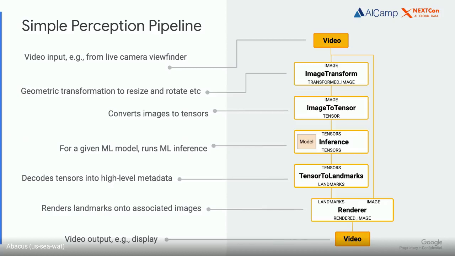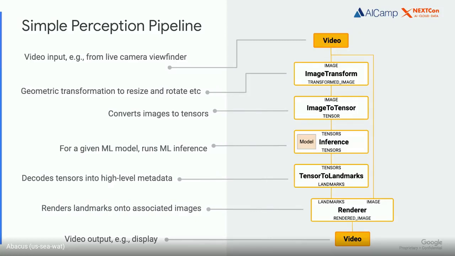So this shows how this simple perception pipeline would be implemented using these modules, which we call calculators. So there's a module to transform the image that maybe reduces the resolution of the image, maybe changes the color map for the image. We have to convert the image into a tensor, into just a vector of floating point numbers as input to the neural network.